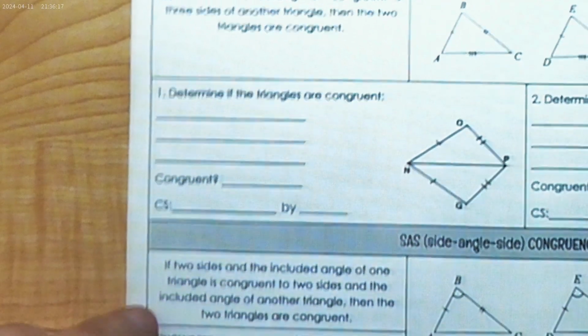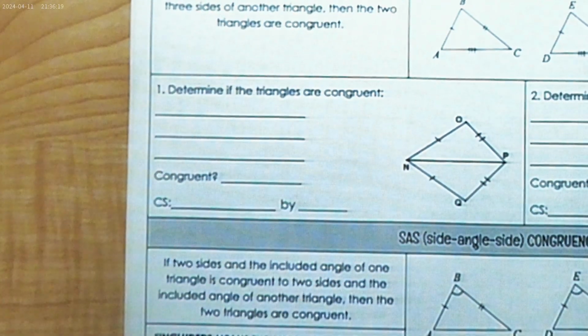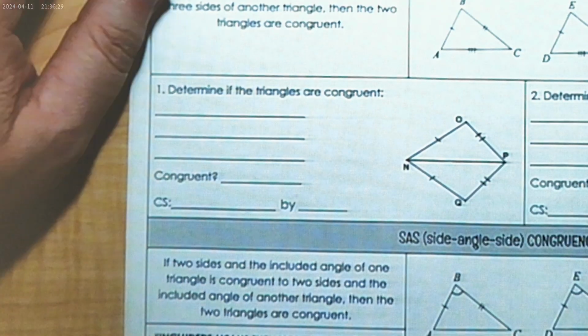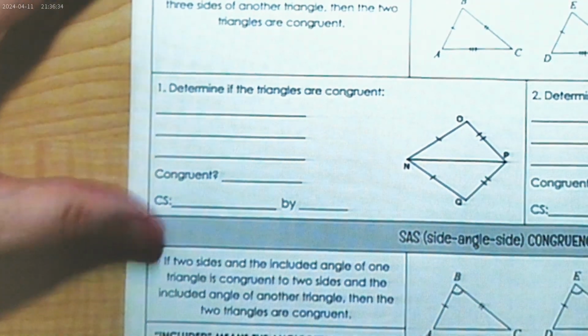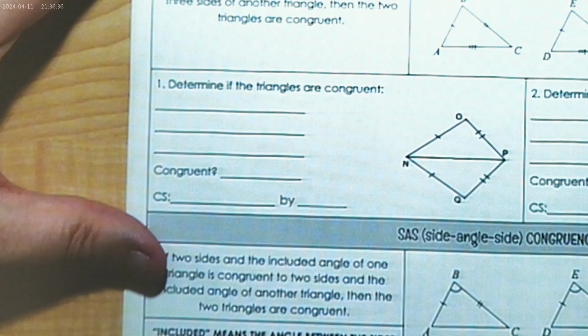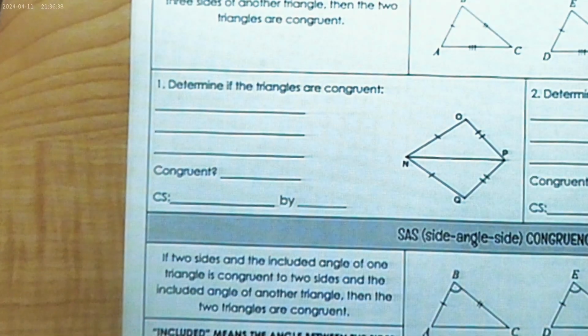So let's see, determine if the triangles are congruent. Are the triangles congruent here? Well, let's take a look here. I'm trying to see, so here's the thing, it's a mirror image of it.